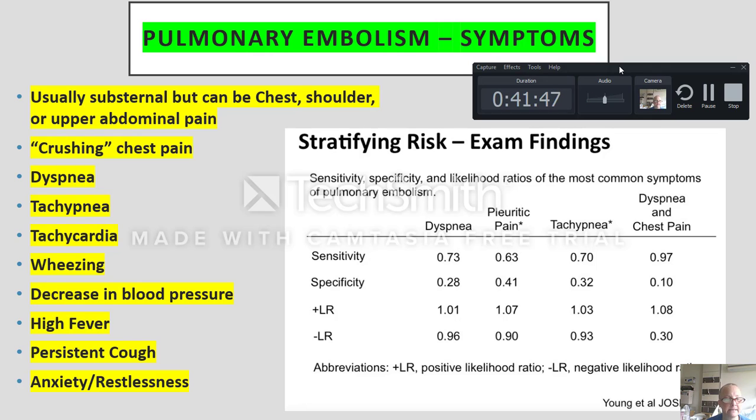Dyspnea. Tachypnea. Tachycardia. Wheezing. Decrease in blood pressure. High fever. Persistent cough, anxiety, and restlessness. So those are the risk factors.